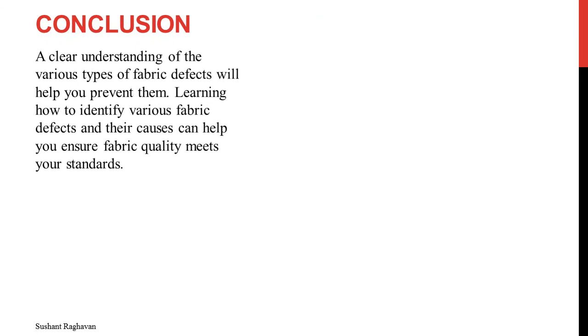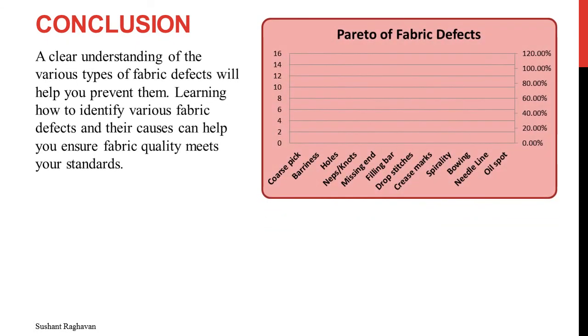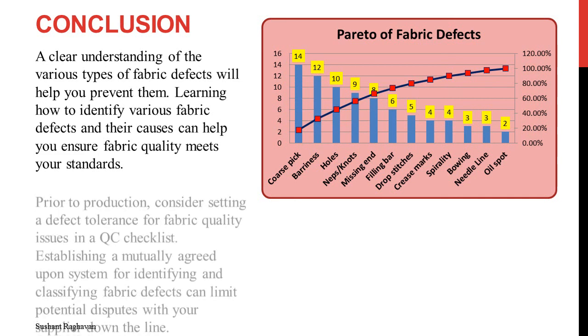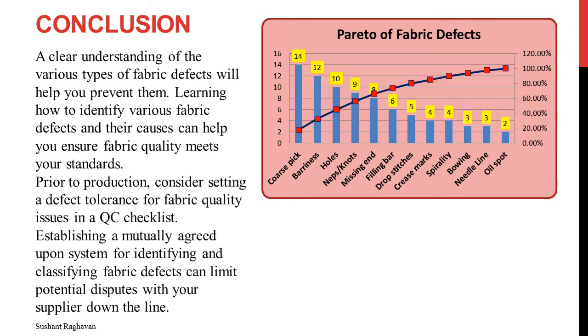Conclusion. A clear understanding of the various types of fabric defects will help you prevent them. Learning how to identify various fabric defects and their causes can help you ensure fabric quality meets your standards. Prior to production, consider setting a defect tolerance for fabric quality issues in a QC checklist.